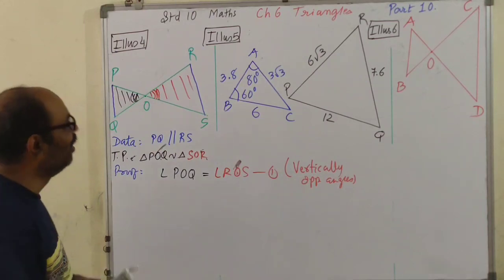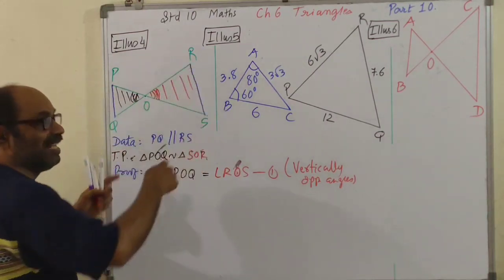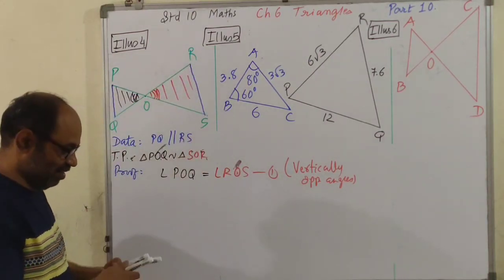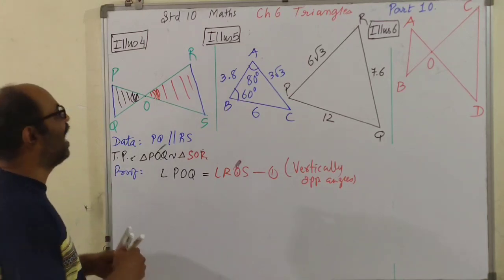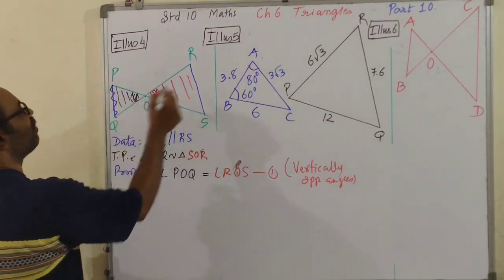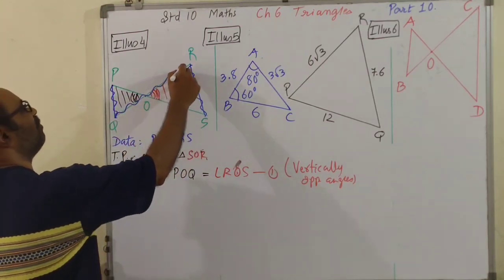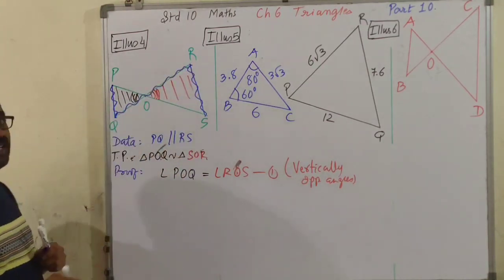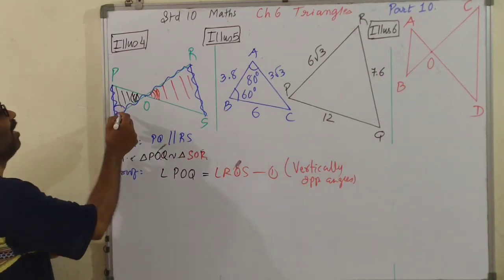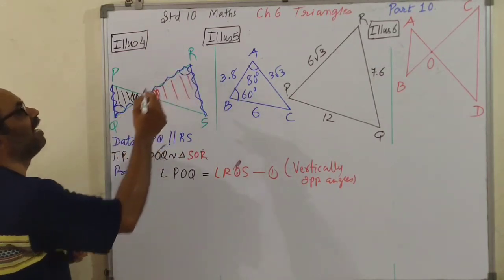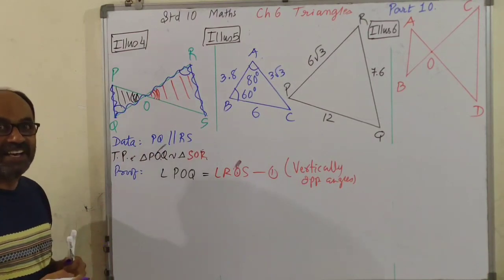Like how? Look, blue lines are parallel. I am going to make it serpentine. Those lines, serpentine. And this is also made serpentine. So that is transversal. So this angle between the serpentine lines and this angle between the serpentine lines, they are alternate pairs.